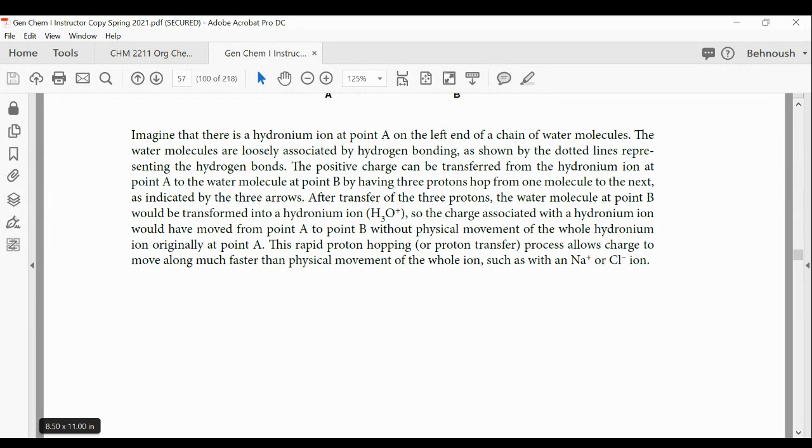It's just trying to demonstrate the difference between a proton donor and a proton acceptor. The proton donor is H3O plus, that's an acid, and the hydroxide is a proton acceptor.